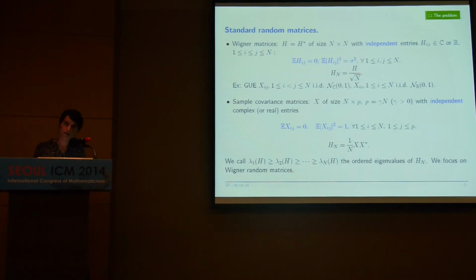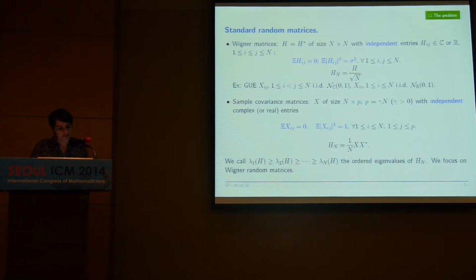These are Hermitian random matrices with a big size n. They are built from independent entries above the diagonal, which are either complex or real, and then we form a Hermitian or real symmetric matrix by symmetry.